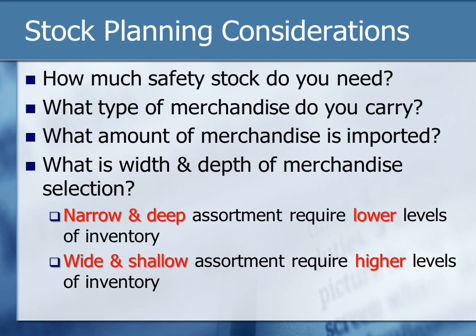Even if you add just a few more units per style, color, size, they will all add up to a really higher level of inventory. So that's another thing that you have to think about, not only the type of merchandise, but how wide you're going with your assortment or how deep you're going with your assortment. That will also determine the level of inventory that you need to carry.